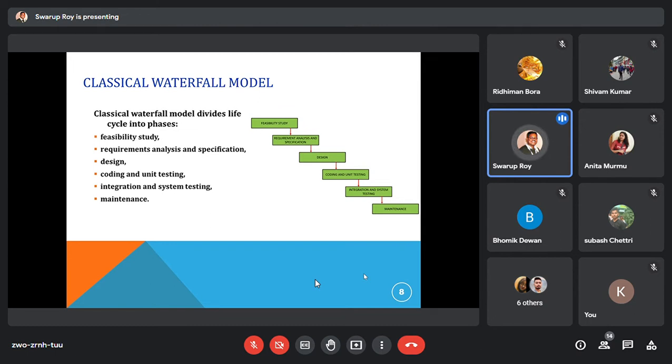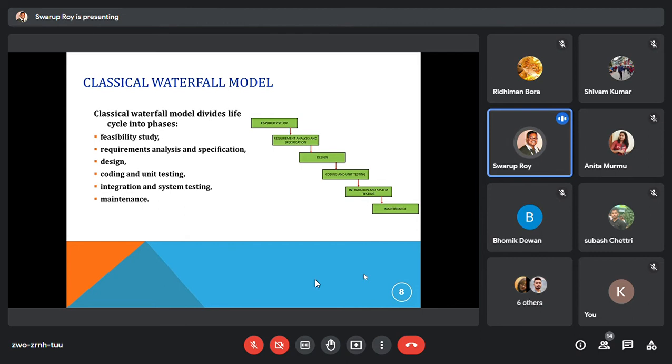So it's somewhat like water falling from the top. If there is a step by step stream, water will fall from the higher side to the lower side. With that analogy, the name waterfall model has been given. Water is falling from top to bottom, so it cannot happen in reverse.